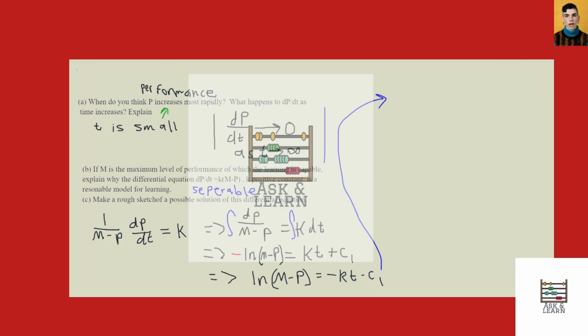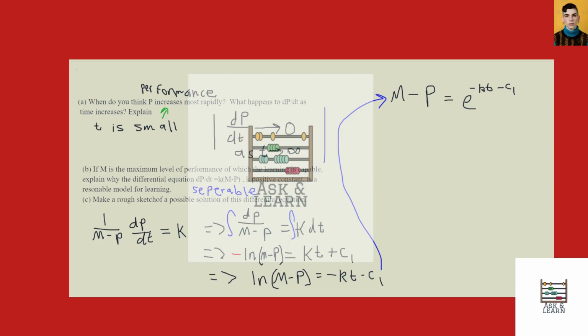So the left-hand side will cancel out. I'll get M minus P is equal to e to the negative Kt minus C1. And then since I'm solving for P, I would add P over and subtract this.